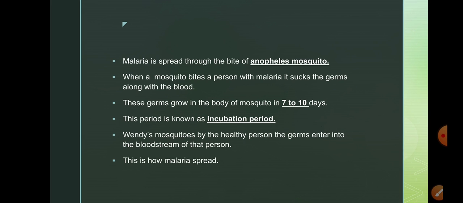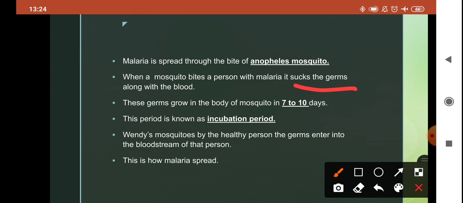So malaria is caused by the bite of Anopheles mosquito. So what happens when a mosquito bites a person with malaria? Suppose there is a person who is having malaria, and now there is a mosquito who bites that person. What happens? It sucks the germs along with the blood. And now these germs which are being sucked by the mosquito grow in the body of the mosquito in 7 to 10 days.